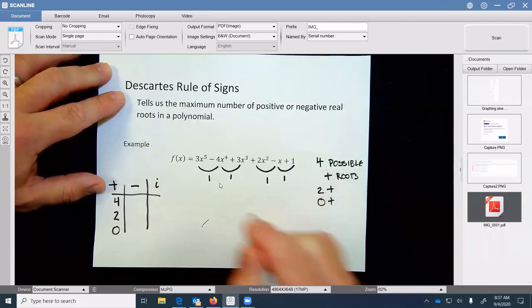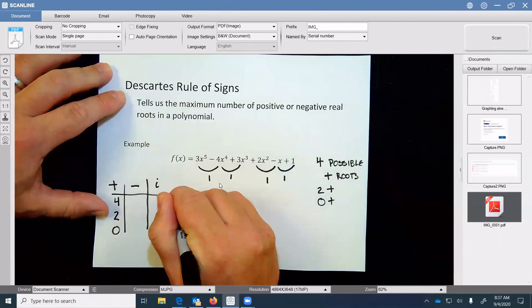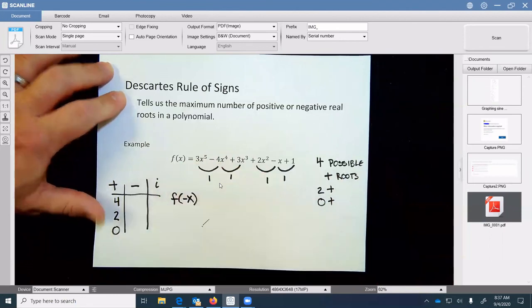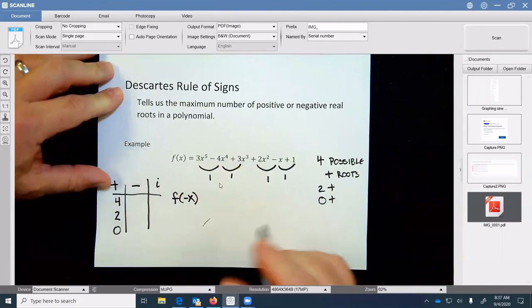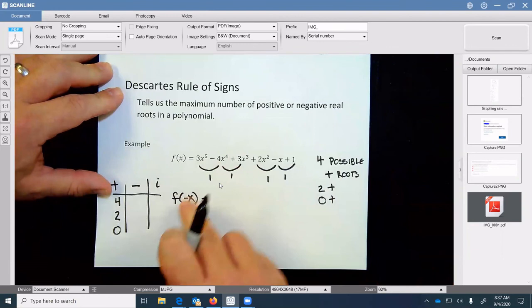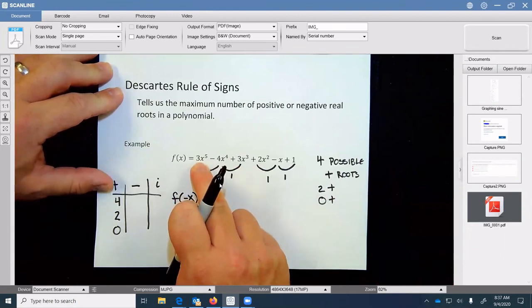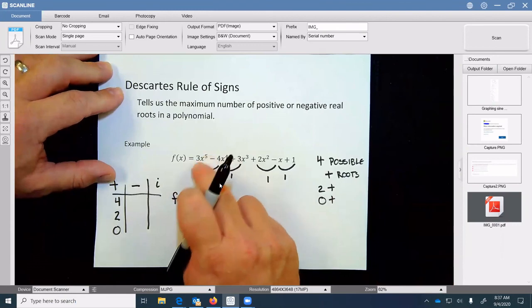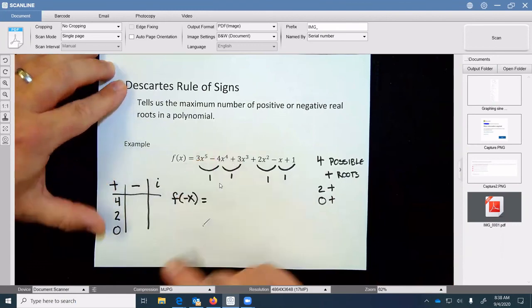And what it tells me to do is replace f of x with f of negative x. So f of negative x says plug in negative x for x. And what that does is anytime it's an odd exponent, it changes its sign.